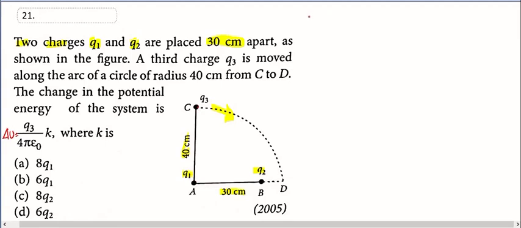The potential energy when Q3 is at position C. Okay, what is the potential energy? So this is the potential energy.